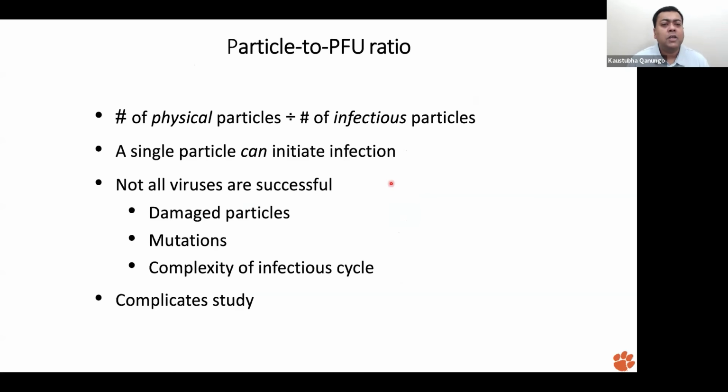And why is it so? Not all viruses are successful, and some damage the particle. There are constant mutations and a lot of complexity in the infectious cycle, where some viruses cannot produce a large amount of successful, infectious viral particles. Of course, this complicates the study. That's the reason we do not have these numbers for SARS-CoV-2 yet, even 6-8 months into the pandemic.